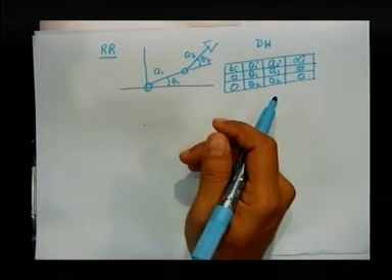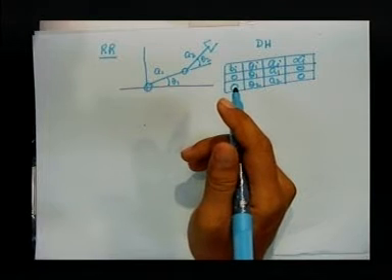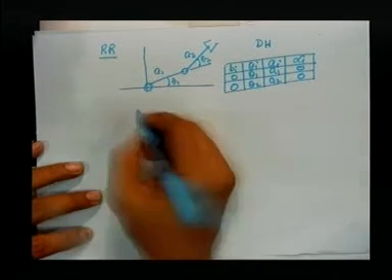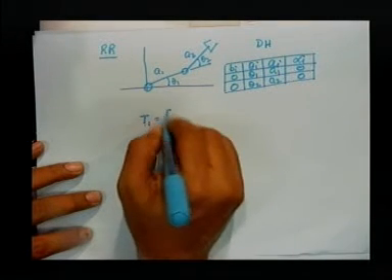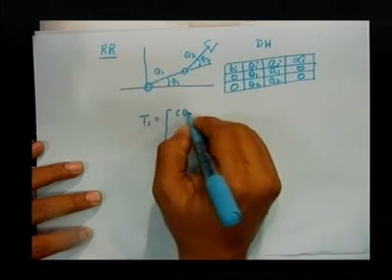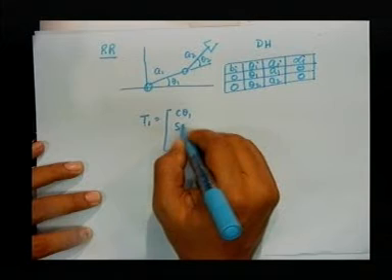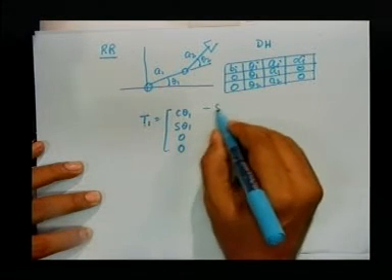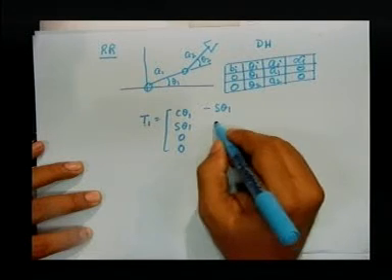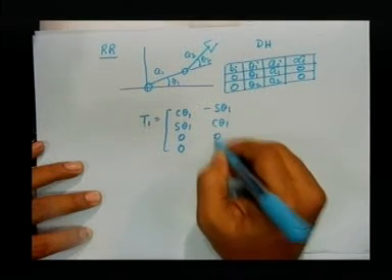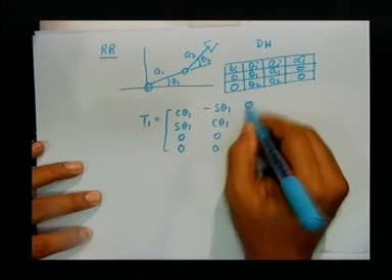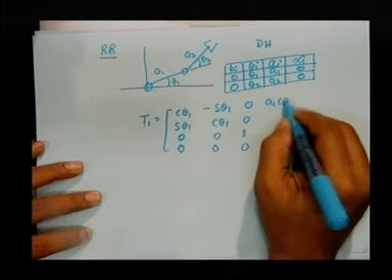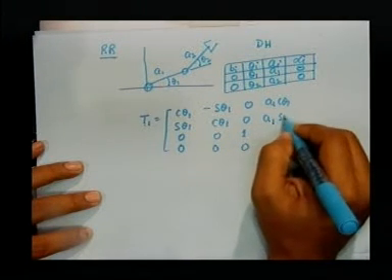Then we have calculated its transformation matrix also, which appeared like T1: cos theta 1, sin theta 1, 0, 0; minus sin theta 1, cos theta 1, 0, 0; 0, 0, 1, 0; A1 cos theta 1, A1 sin theta 1, 0, 1.